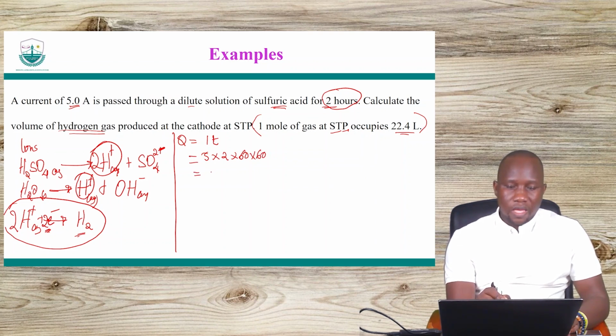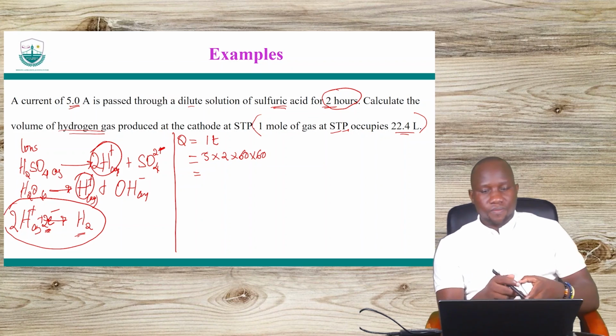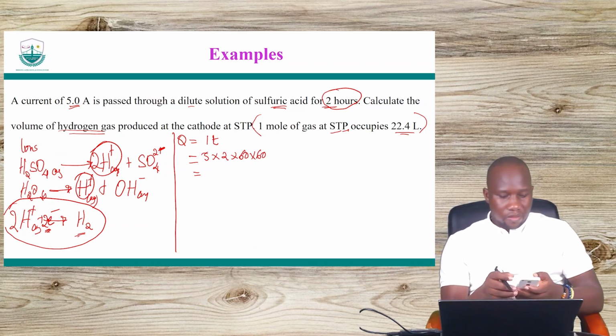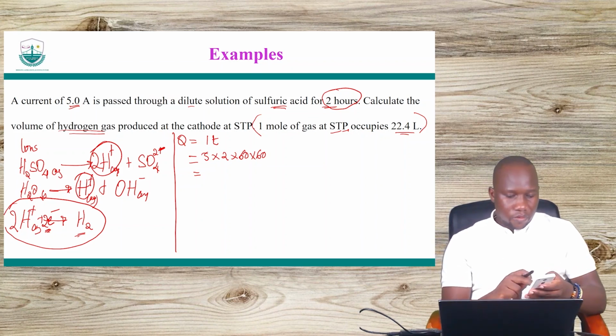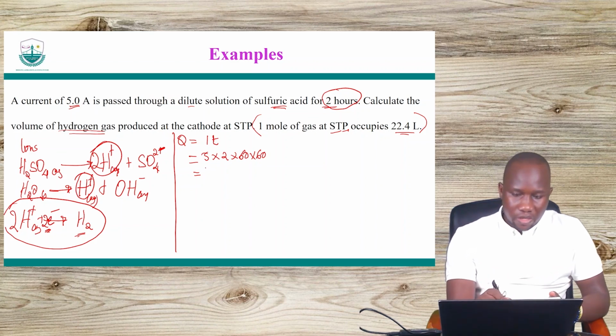So what do we get there? You have 2 times 5 times 60 times 60. So you get 36,000 coulombs, right?